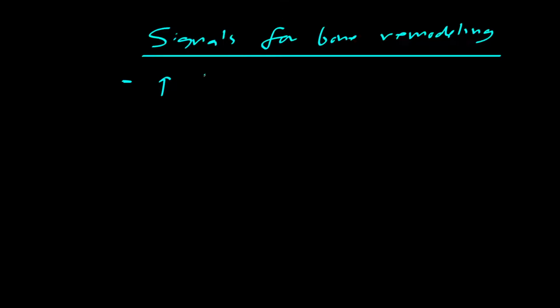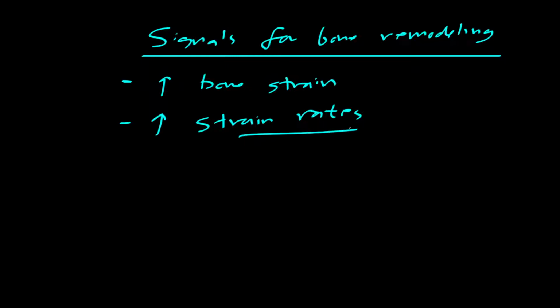Large magnitudes of bone strain. You can think about stress and strain being roughly, not the same thing here, but having the same consequence. Strain, I mean the percentage change in bone length. Large strain rates. That means the rate of loading.